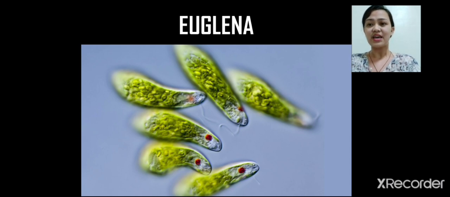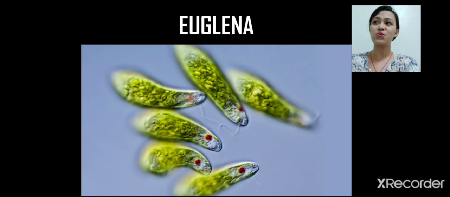As you can see, this is how Euglena looks under the microscope. They are somewhat green because these are pigmented Euglena which contain chlorophyll, and therefore they are able to undergo photosynthesis. So these protists, just like Euglena, are one of the major producers in oceanic ecosystems.